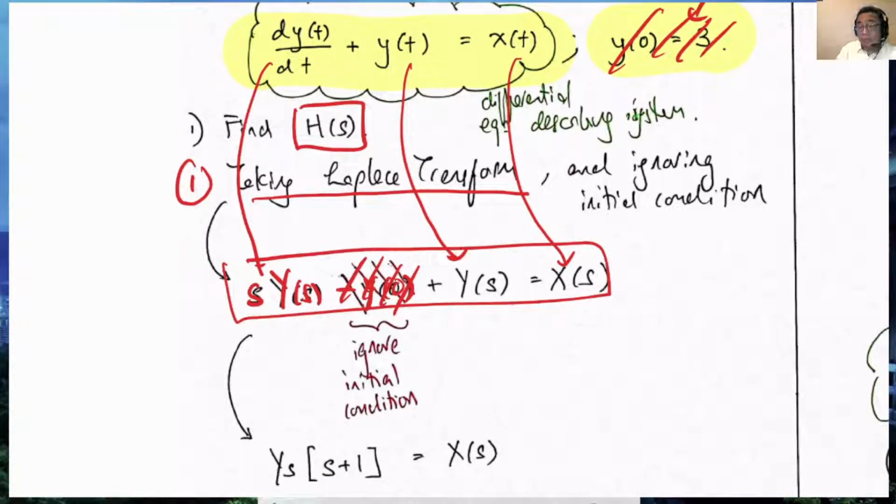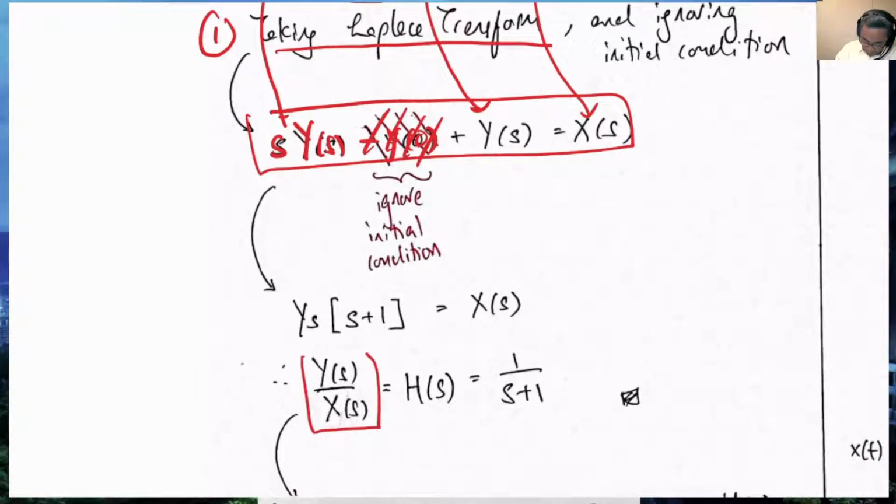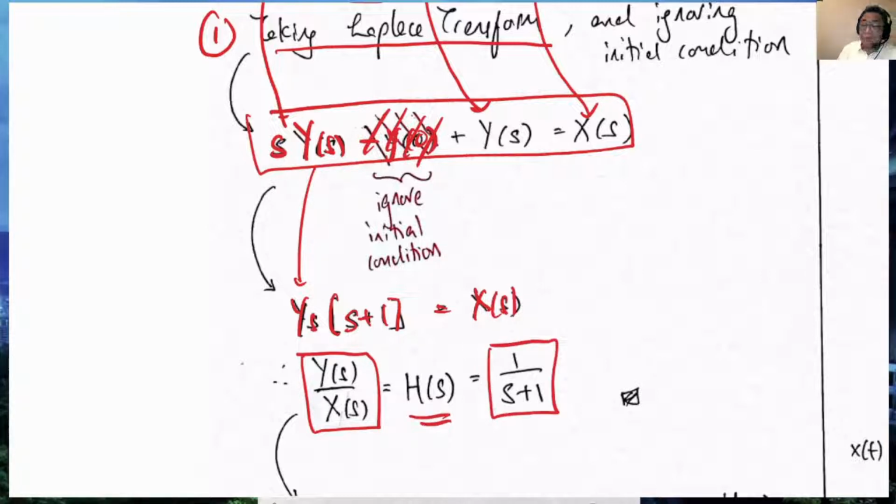To find H(s), we want to form this ratio. So we collapse all the Y(s) together: Y(s) equals (s + 1) and that's it on the left hand side. Now to collect Y(s) over X(s), we get H(s), and we found the very simple transfer function.